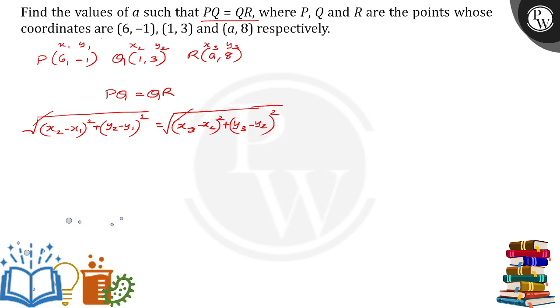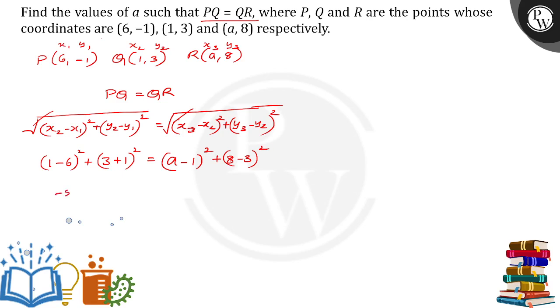Now (x2 minus x1) whole square means (1 minus 6) whole square plus (y2 minus y1) means (3 minus of minus 1), so (3 plus 1) whole square, equal to (x3 minus x2), so (a minus 1) whole square plus (y3 minus y2), that is (8 minus 3) whole square.